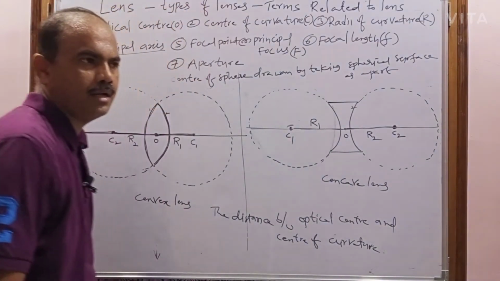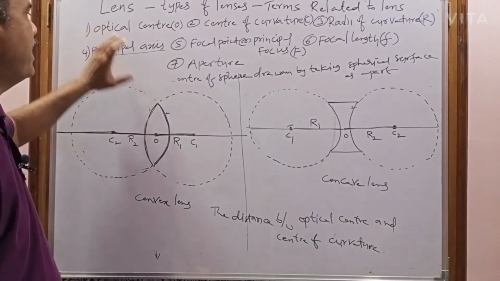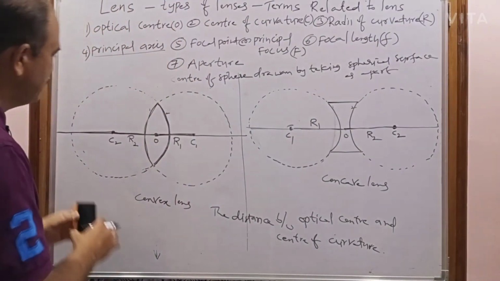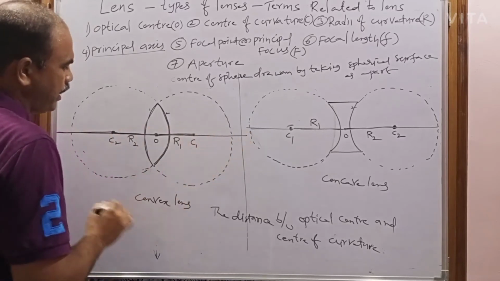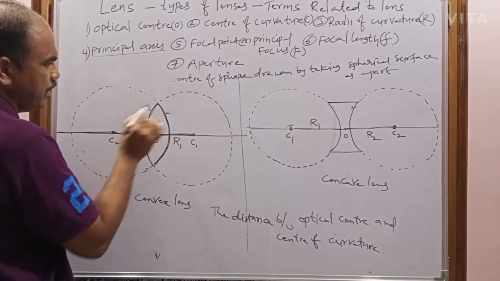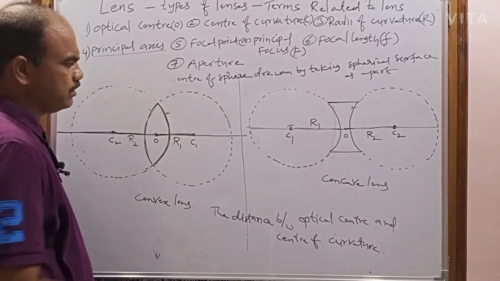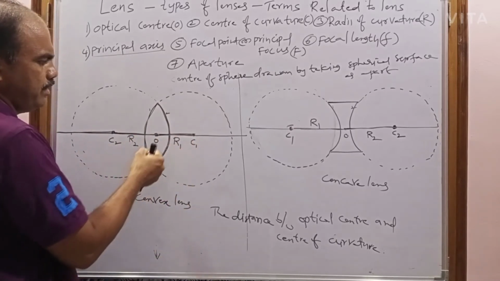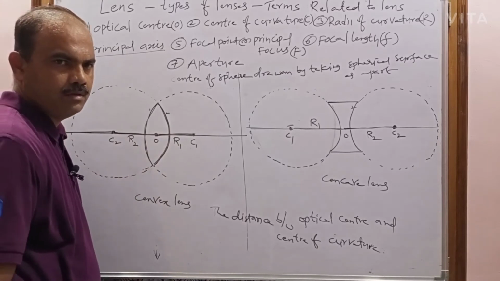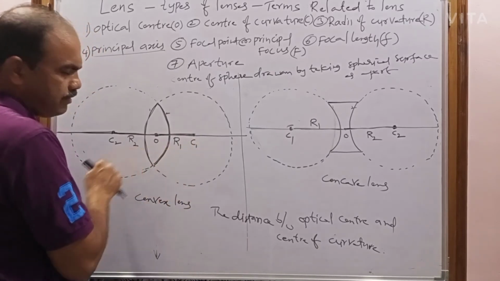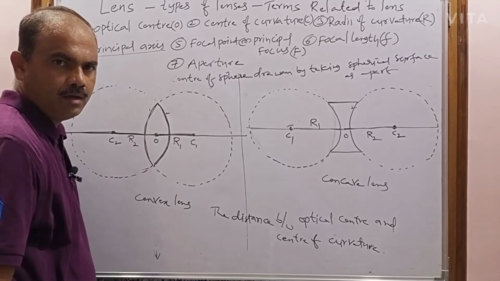That imaginary line is called the principal axis. When it passes through the two centers of curvature, it automatically passes through the optic center.